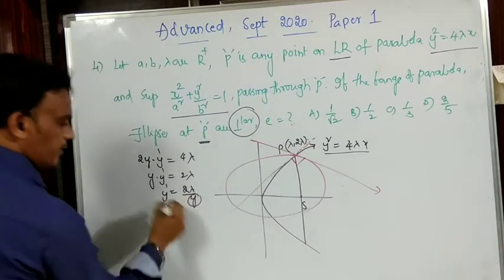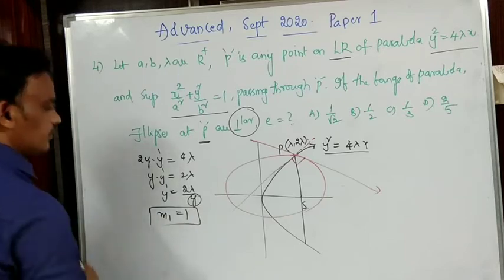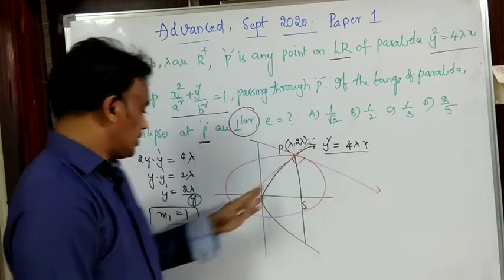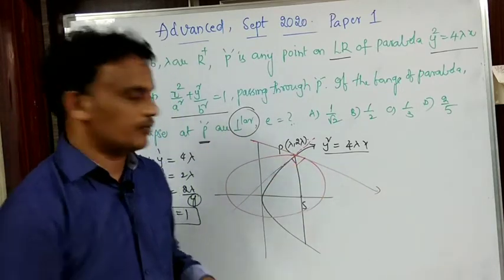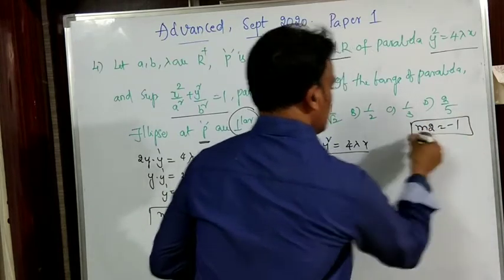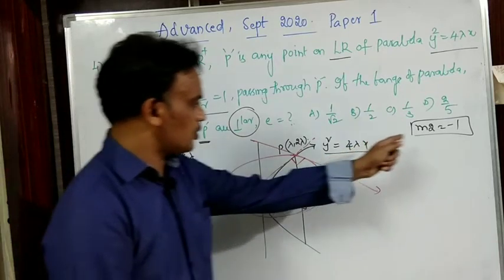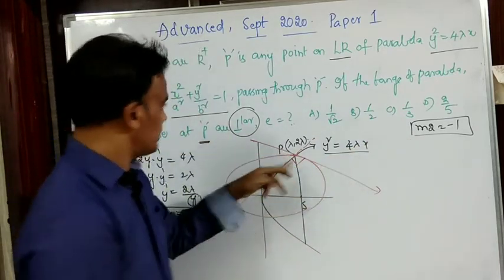So y' = 1, that is m1 = 1. The slope of the tangent at the point P to the parabola is 1. So obviously the slope of the tangent to the ellipse at the point P is -1. Clearly m2 = -1. In this process we are going to get the eccentricity value. So what is m2, the slope of the tangent to the ellipse at the point P?